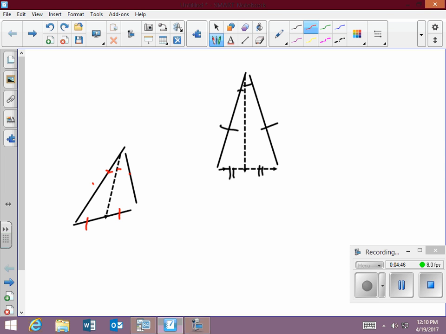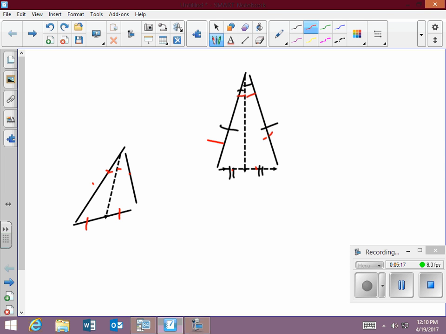It's only when it's isosceles. In an isosceles triangle, a median from the vertex to the opposite side is going to bisect the angles up here and make these sides congruent. So just don't try to make a median line into something that says the angles are equal at the vertex, because that's just not so.